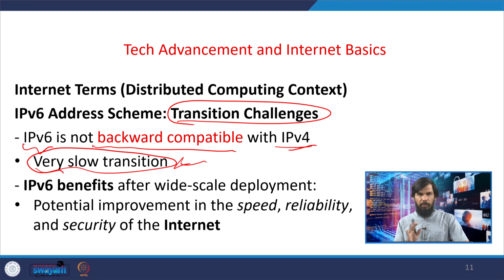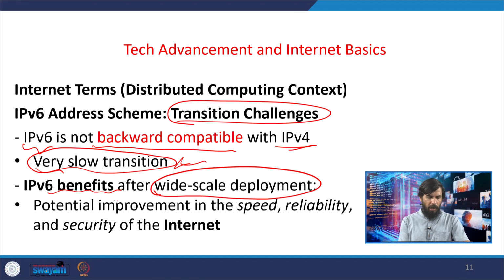But once IPv6 full deployment is achieved across the internet, there are certain key benefits to be gained. If wide scale deployment of IPv6 happens, then there will be potential improvement in the speed, reliability and security of the internet.